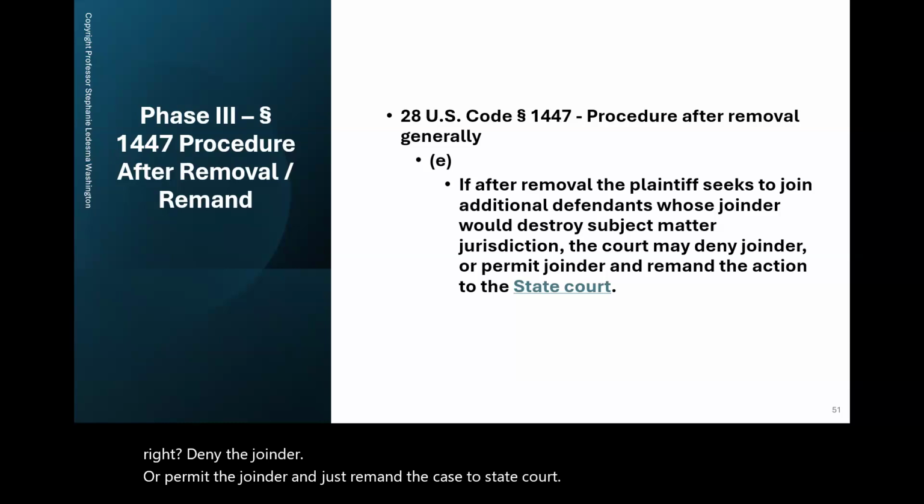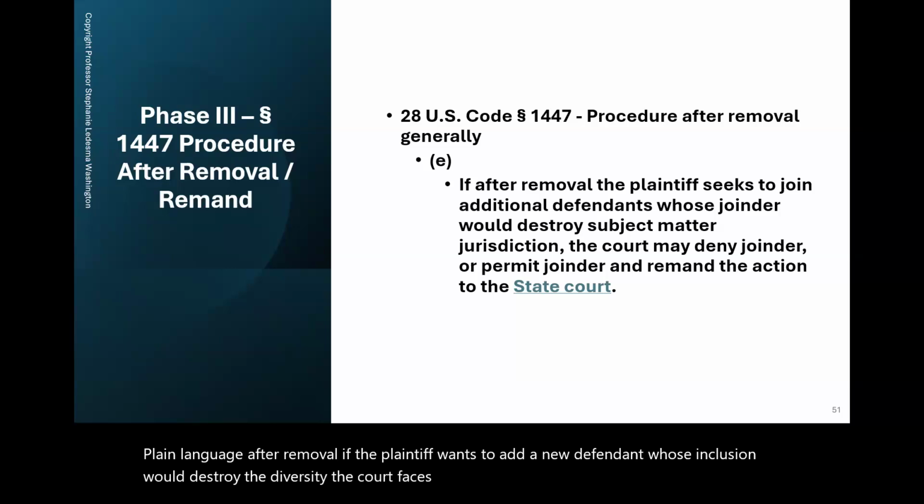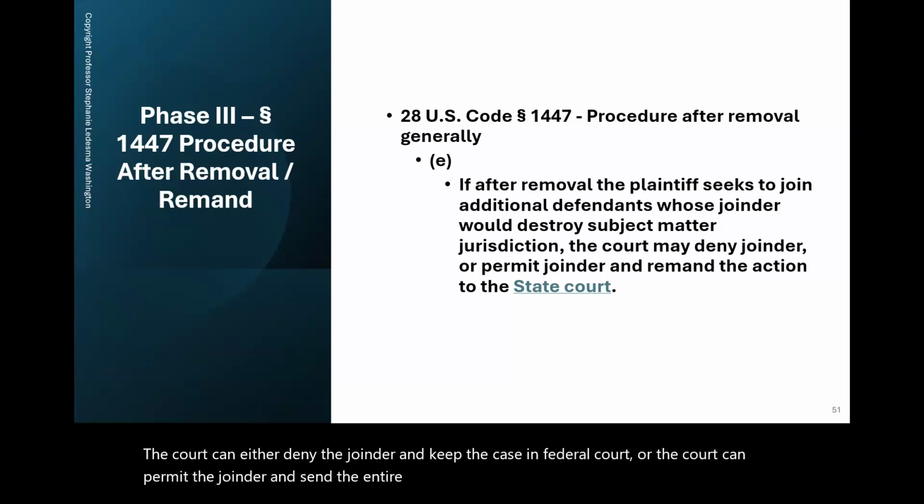Plain language: after removal, if the plaintiff wants to add a new defendant whose inclusion would destroy the diversity, the court faces a choice. The court can either deny the joinder and keep the case in federal court, or the court can permit the joinder and send the entire case back to state court.